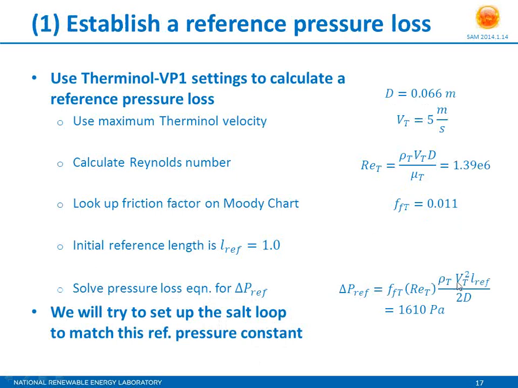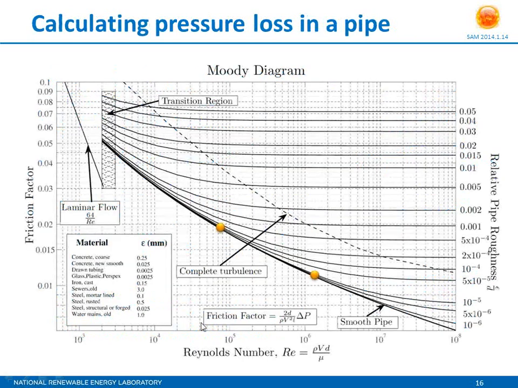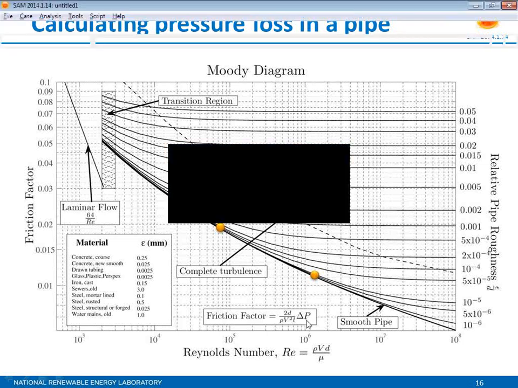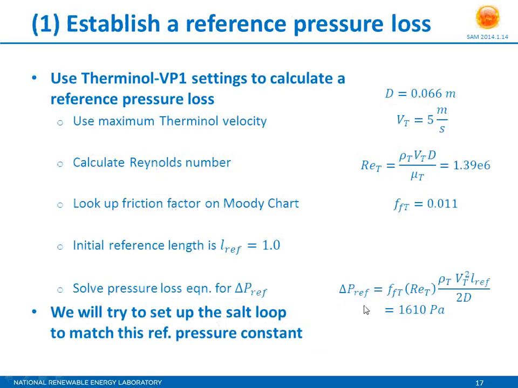So the next step is to use this information to scale the number of collectors in the loop. For our first case, we're just assuming the oil trough, our reference length, which is going to be our scaling factor in the loop. We just set that to 1 to start. Then we solve the pressure equation, which is: friction factor equals 2 times diameter over rho velocity squared L, times delta P. Let's solve that for delta P. Apologize.